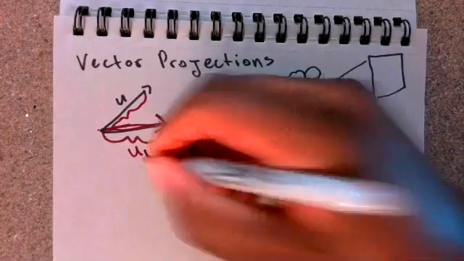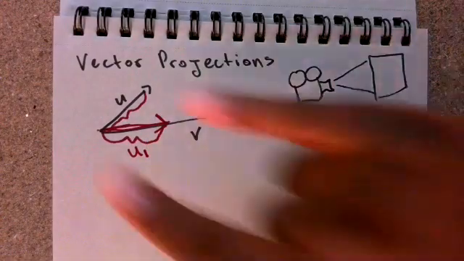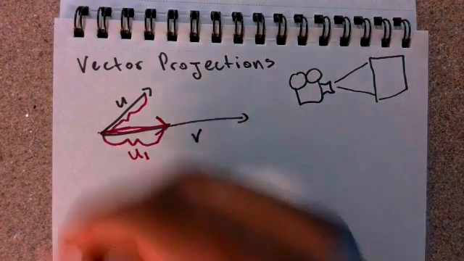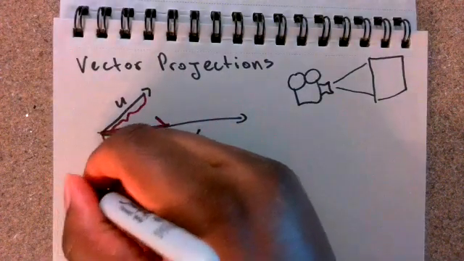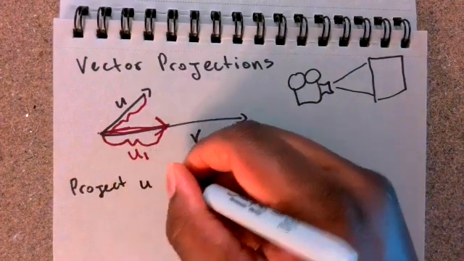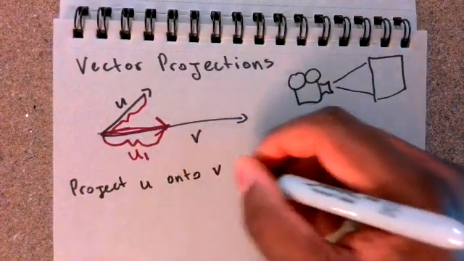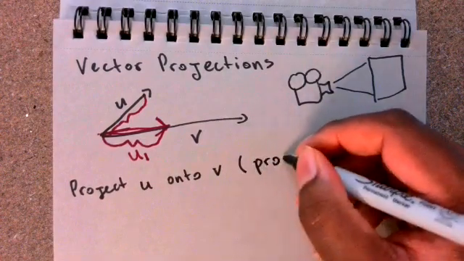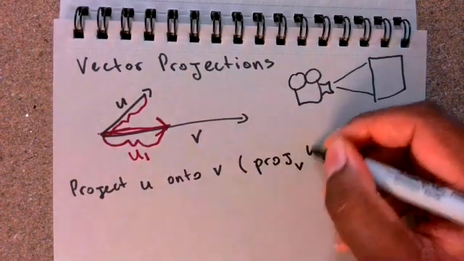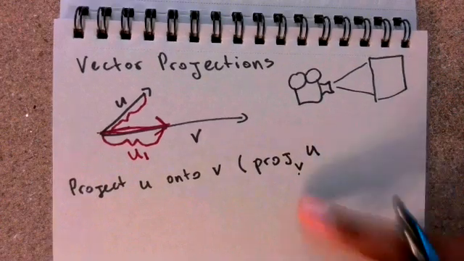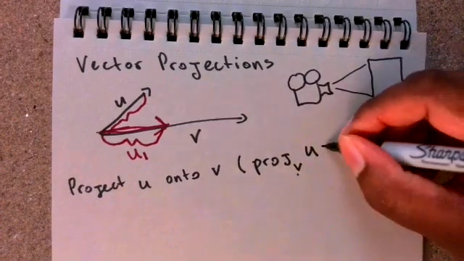We'll call this u sub 1 or something like that. But we're taking this u and we're sticking it onto this vector v. The way to project u onto v is we're going to use this notation. We're projecting u onto little v.